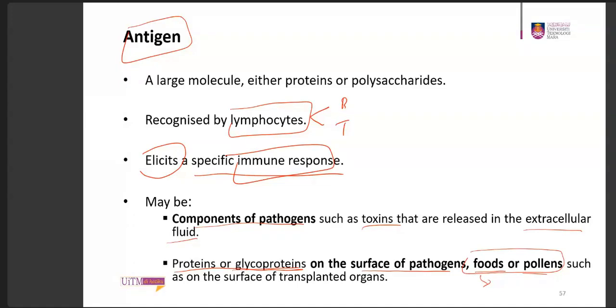Antigens can also be on the surface of transplanted organs. A transplanted organ is also considered foreign to your body, so sometimes it can be rejected by the recipient's body.